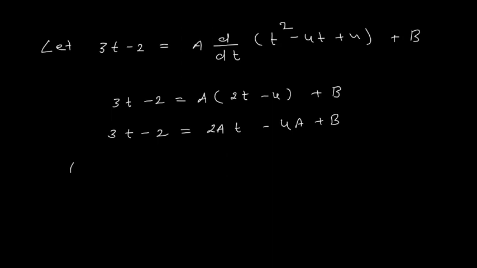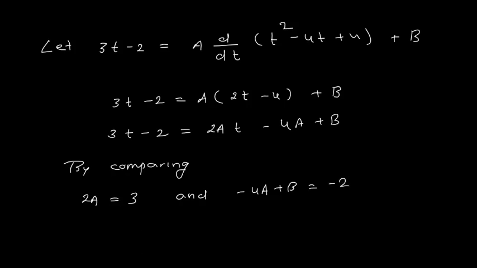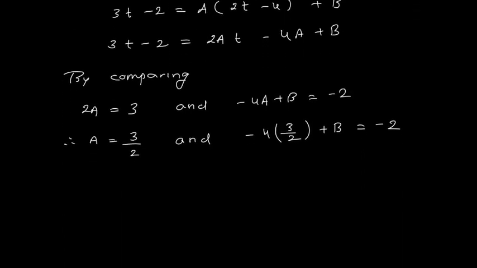So by comparing, we have 2a equal to 3 and minus 4a plus b equal to minus 2. Therefore a equals 3 upon 2, and minus 4 into 3 upon 2 plus b equals minus 2.